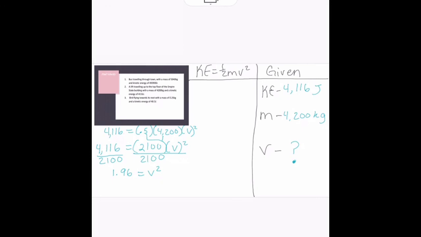So the square root of both sides, and that is 1.4 for my velocity. So I end up with 1.4 meters per second for my velocity for number 2.